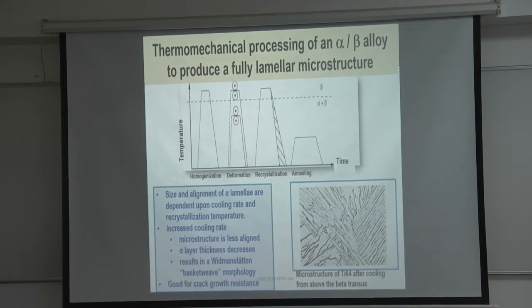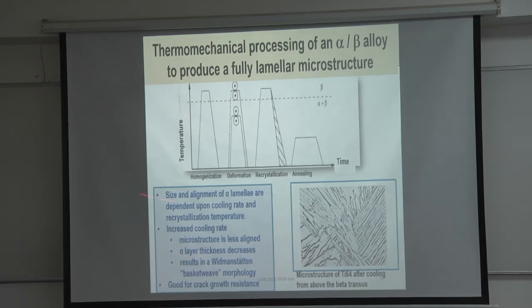And depending on the cooling rate, of course, the thickness of the alpha lamellae will be defined by the cooling rate. So everything fits very fantastically, right? And we also said this kind of microstructure is good for crack growth resistance compared to equiaxed alpha.